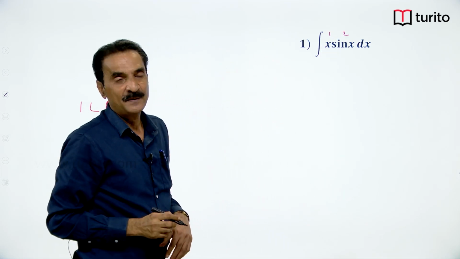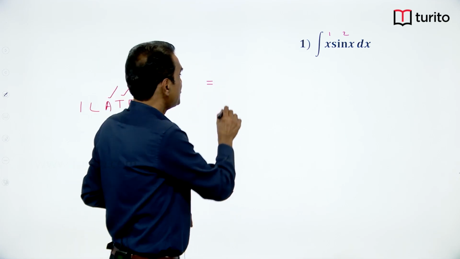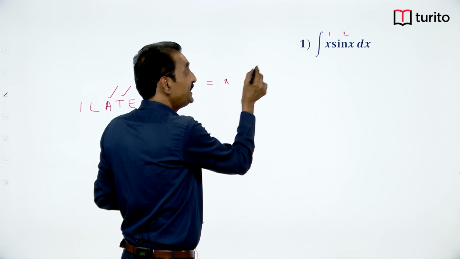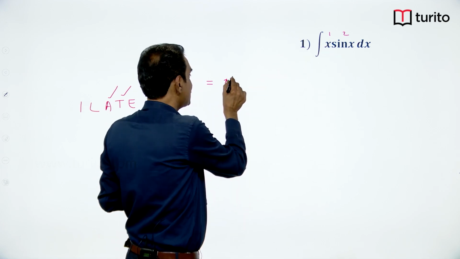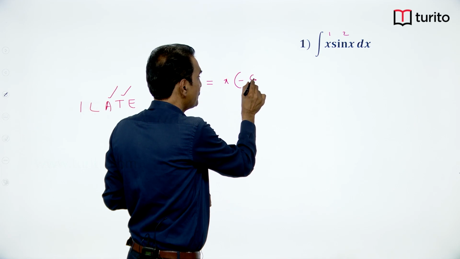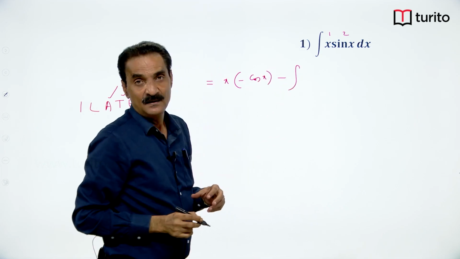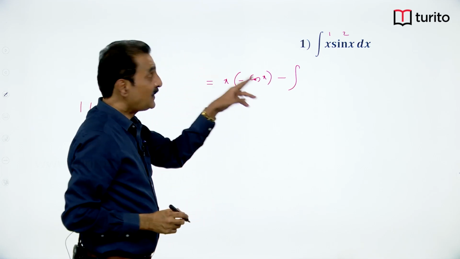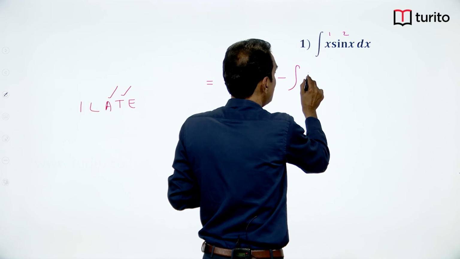Now, apply integration by parts. It is equal to first function into integral of the second function. What is integral sin x? Minus cos x. Minus integral derivative of the first function into integral of the second. Derivative of the first function is 1.